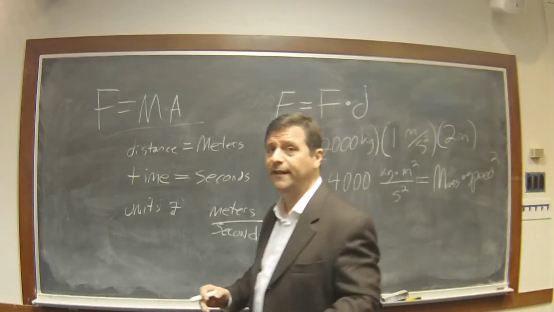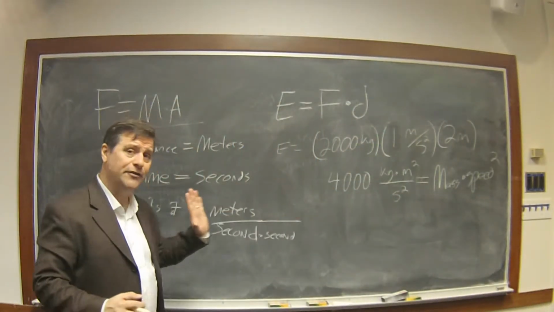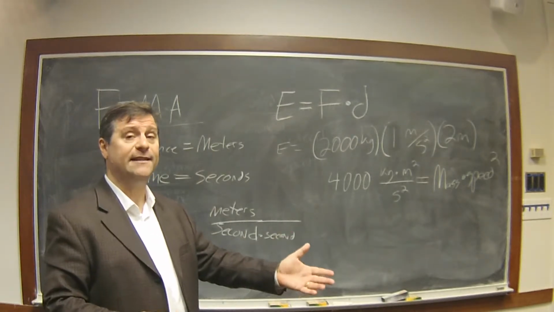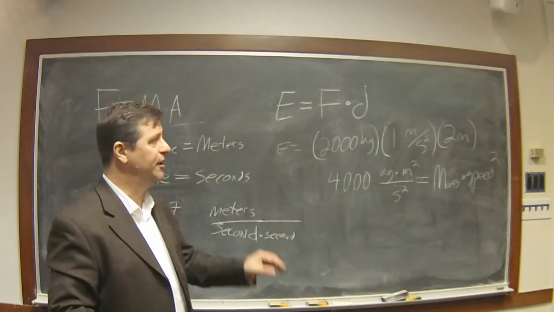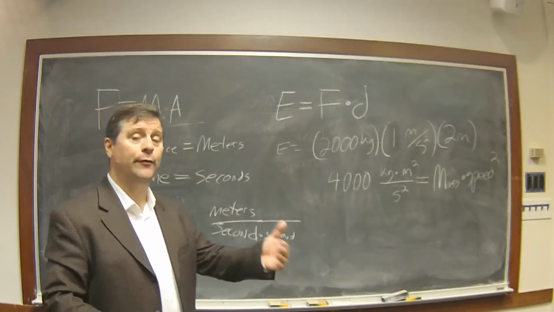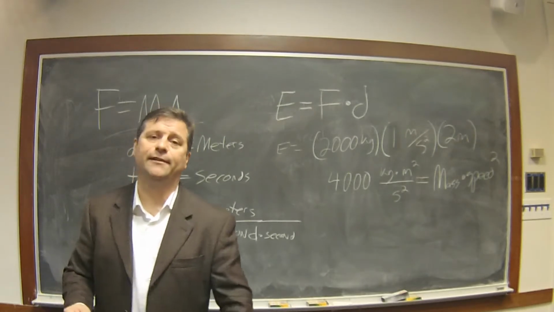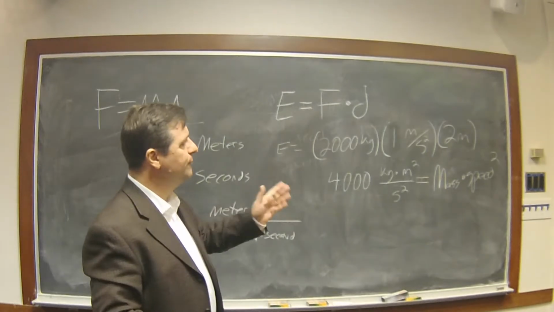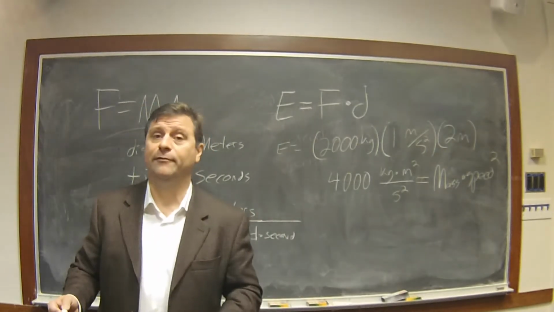So another way to think about it is, now that the car is moving, I've pushed it, and now it's sliding across the ice. It has energy of motion. How much energy of motion? Well, how fast is it going? It's now going 1 meter per second, because that's the speed that I pushed it up to. I went 2 meters. I don't know how long it took me to do that.